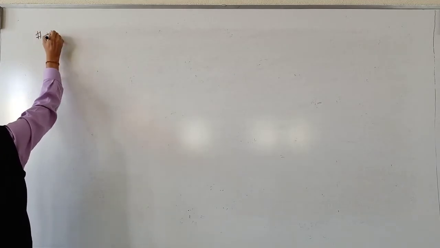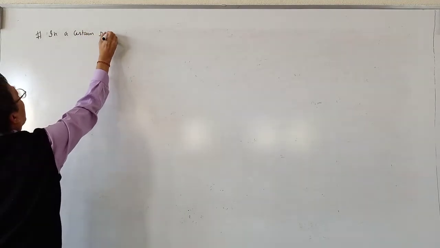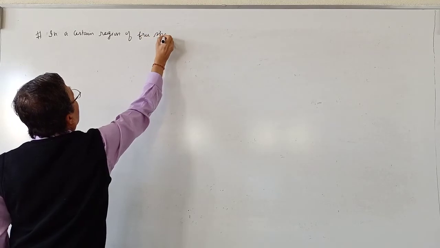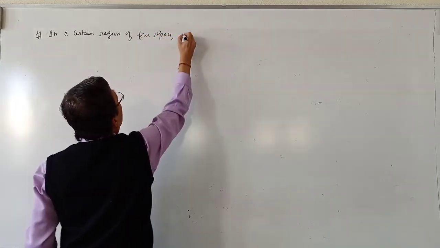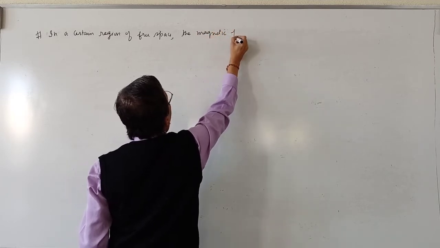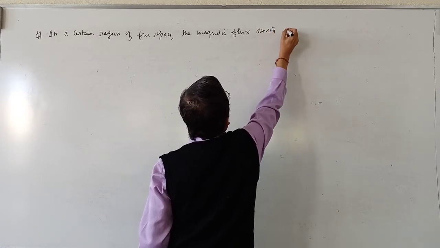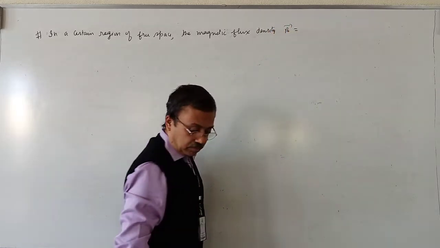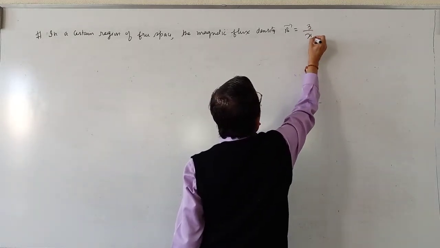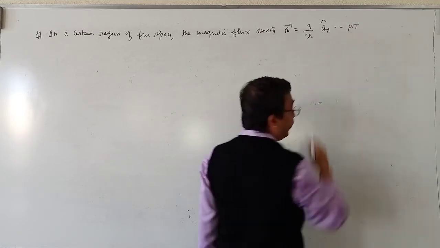In a certain region of free space, the magnetic flux density vector B is equal to 3 divided by x into ax cap microtesla.